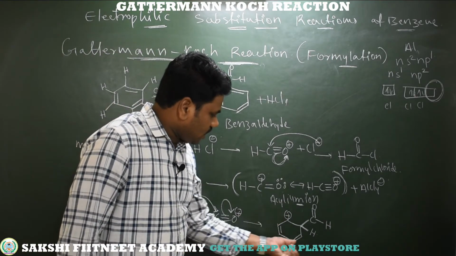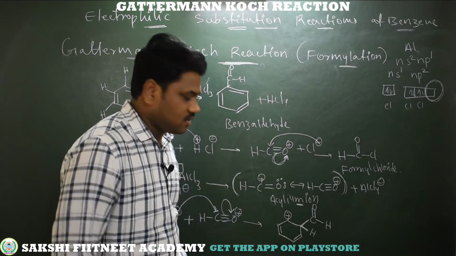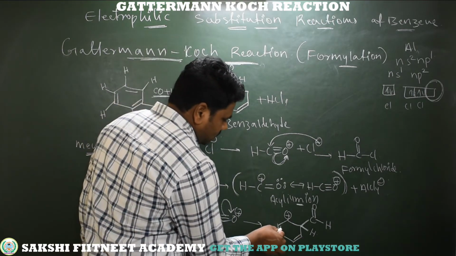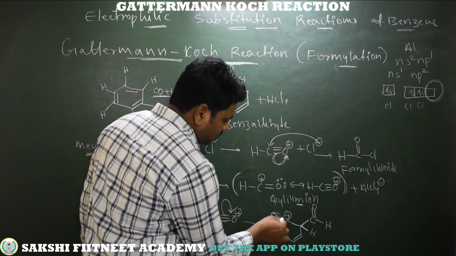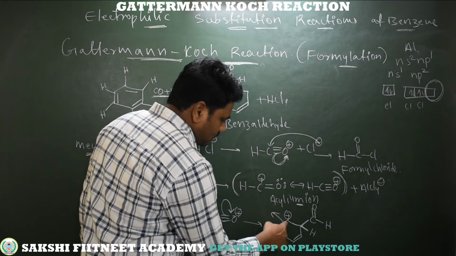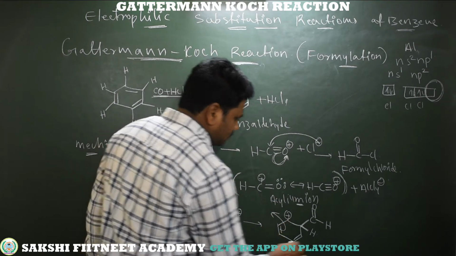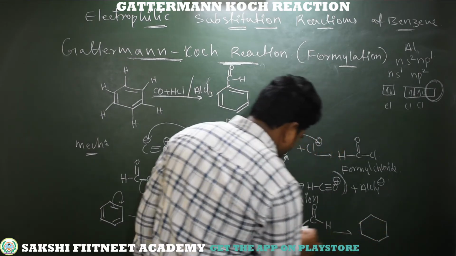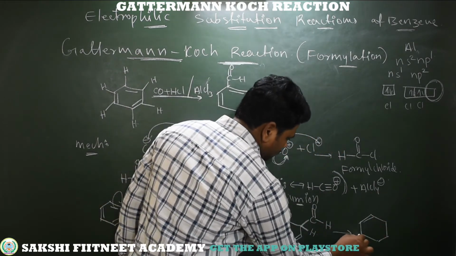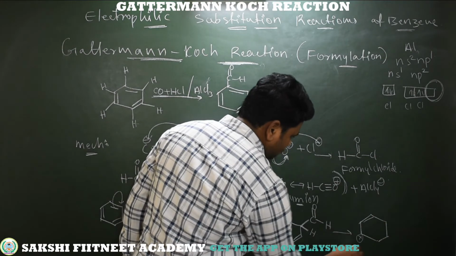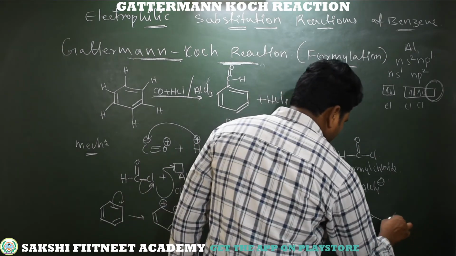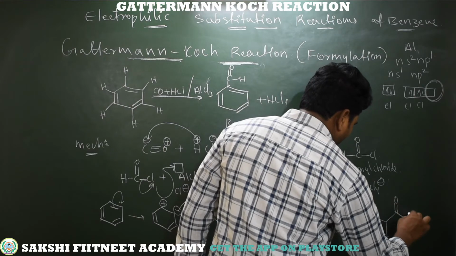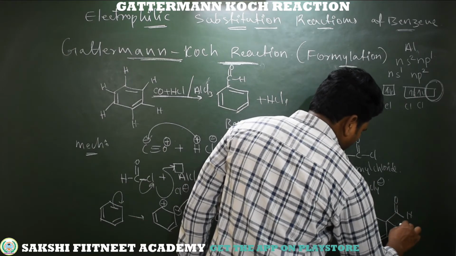The positive charge having conjugation obviously participates in resonance. See here, these pi electrons are shifting here, this carbon becomes neutral and this carbon gets the positive charge. The bond remains as it is. See, double bond OH, here hydrogen is there.